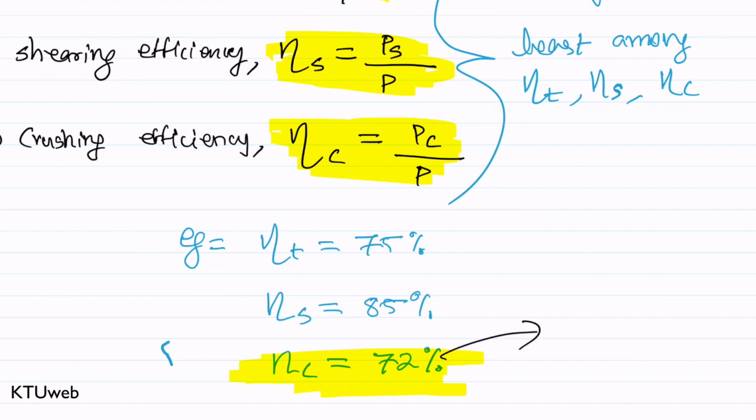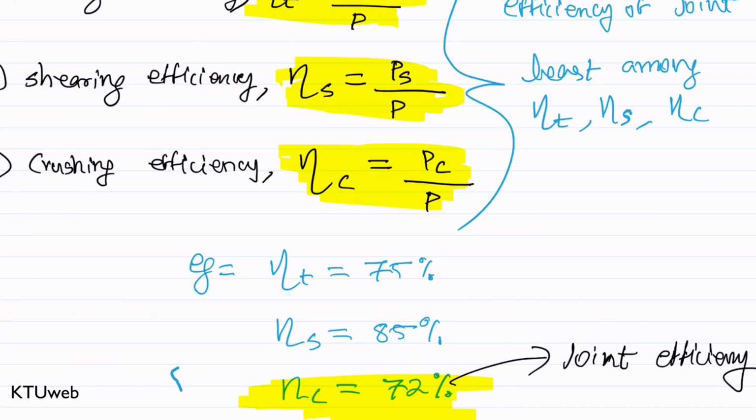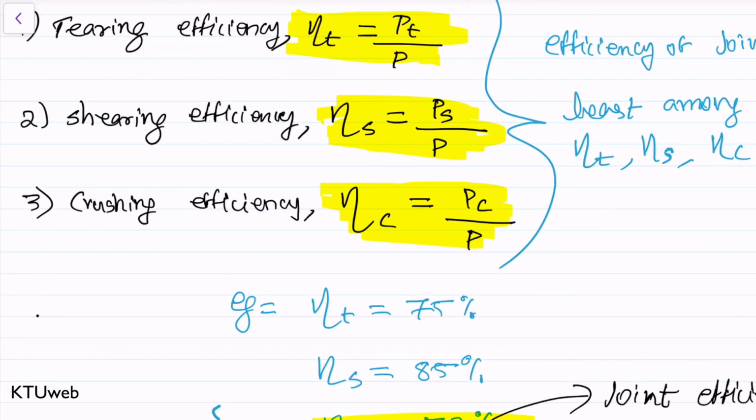So this will be the joint's efficiency. Here is the catch of this video: there are three different types of efficiency for each and every mode of failure, named eta T, eta S, and eta C. We have to find these three efficiencies, and at last we will choose the least among these three and set it as the joint efficiency.